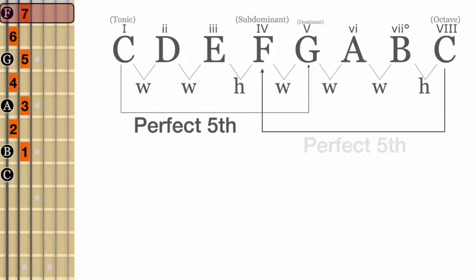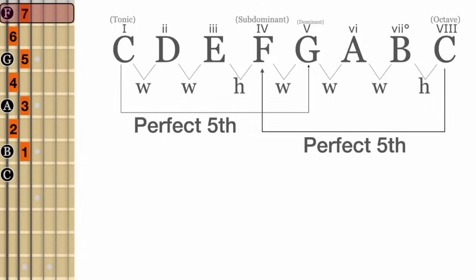That gives us a perfect fifth back from the octave. So if we start at the tonic and move up a perfect fifth, we hit the dominant. If we start at the octave and move back a perfect fifth, we hit the subdominant. That's where this really comes from.